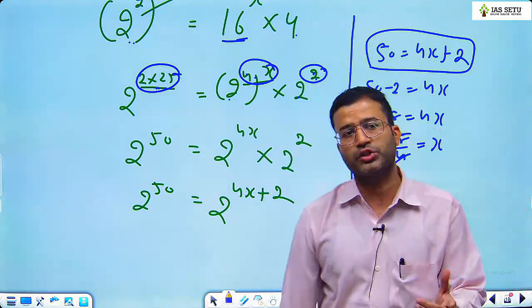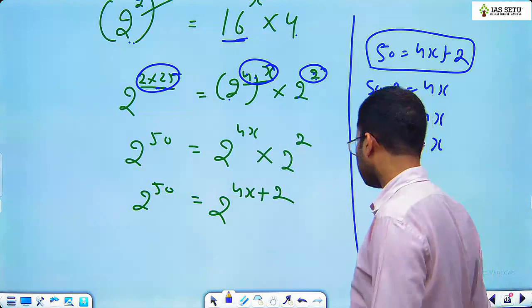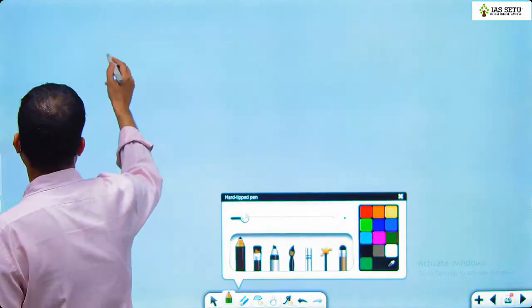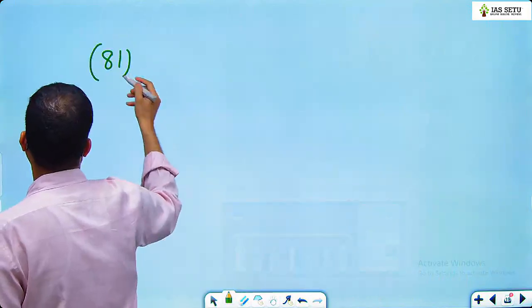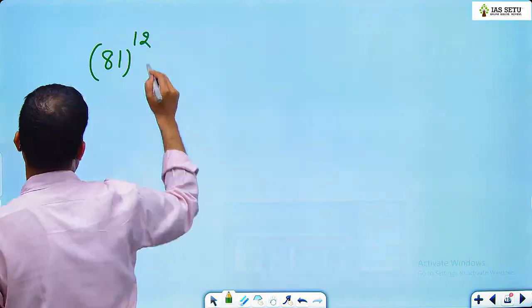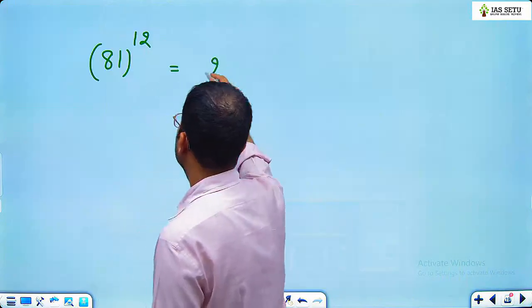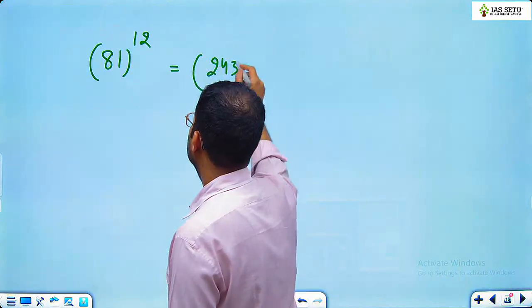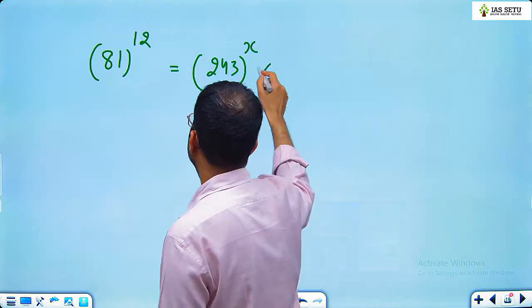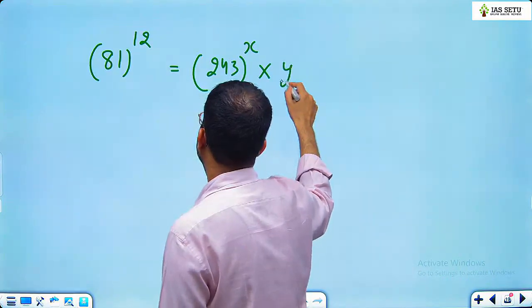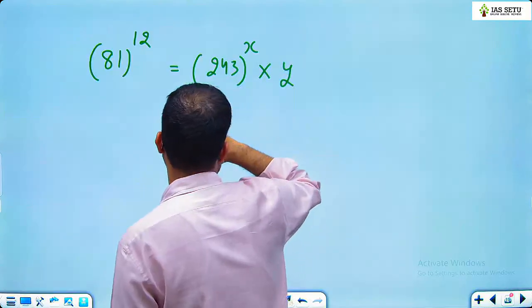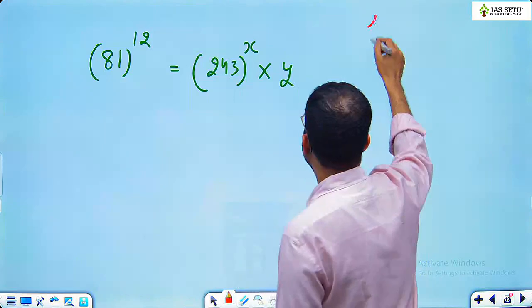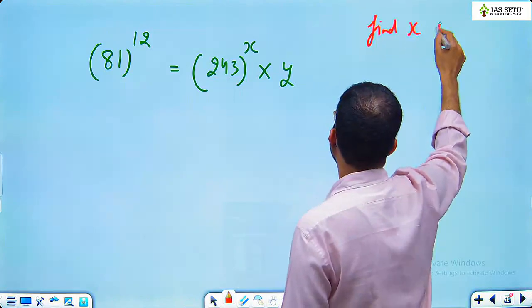Quickly I take one more question, then I take rule number 4. Find x and y.